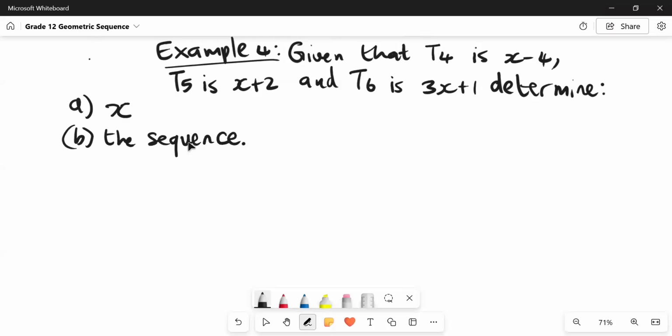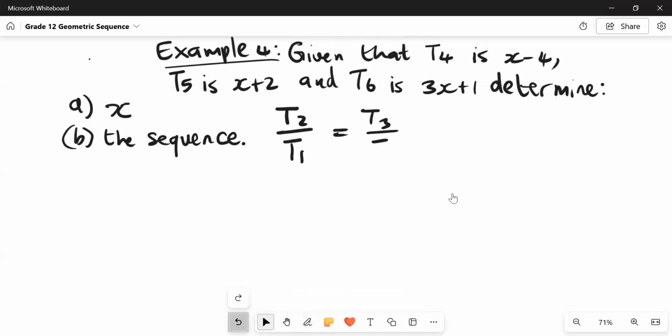No problem, so now let's start. Here, our terms are in the form of variables. What do I mean by variables? Variables are alphabets. You have your x, you have your y, all of that. So when we are given a pattern with variables, you use the law T2 divided by T1 equals T3 divided by T2.